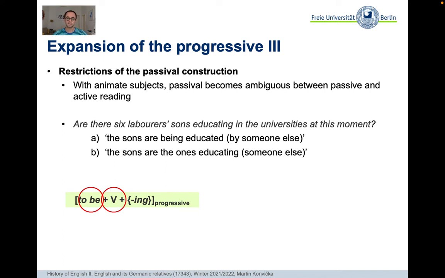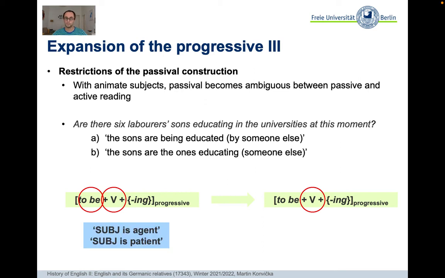So what we see is that during the 19th century, the constraints on the main verb and the auxiliary disappear gradually, so that in present-day English there are basically no constraints as to the auxiliary. The constraints for the main verb, they still are in place, as we know. And then at the same time, sort of hand in hand, goes also the reduction of the possible interpretations of that construction.